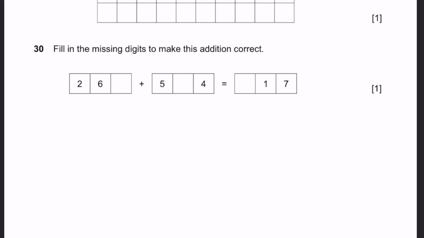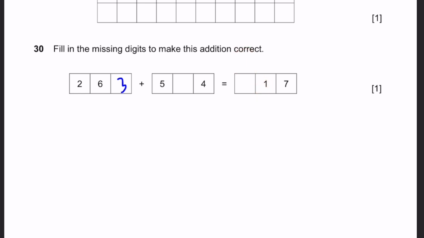Fill in the missing digits to make this addition correct. 26 dash plus 5 dash 4 is equal to dash 17. Something plus 4 is equal to 7. That'll be 3. Now, 6 plus something is equal to 1. That's not possible, but there could be 11 instead with 1 carry over to the other side.